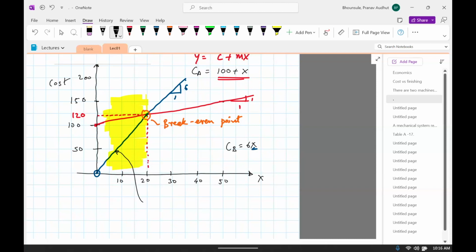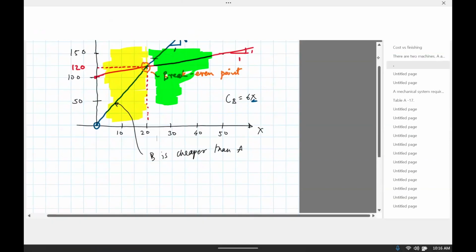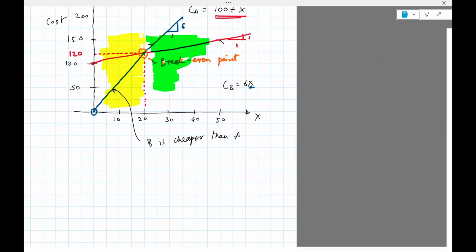It means that B is cheaper than A. But when you reach this point, this side, here what happens is exactly the opposite. Here A is cheaper than B.